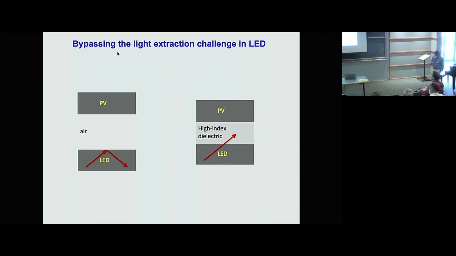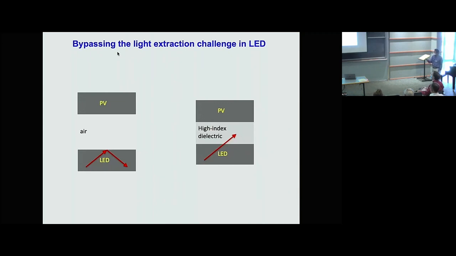For our purpose, however, we can do, quote-unquote, a near-field heat transfer. So what we do is basically we bring the photovoltaic cell and the LED together. But moreover, in this case, unlike almost all your near-field heat transfer experiments, it doesn't matter that you put a high-index dielectric in between, because you are not doing heat transfer.